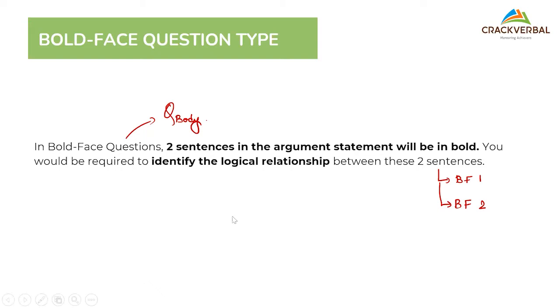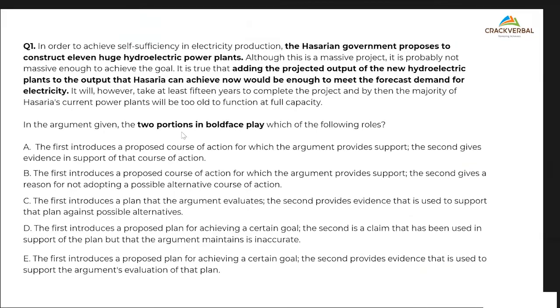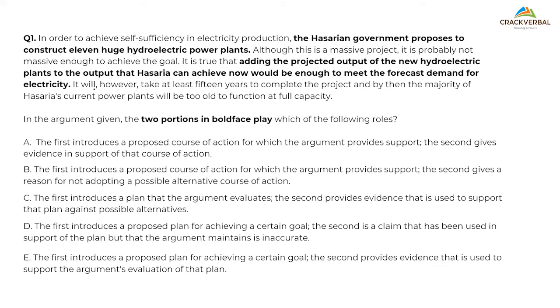I will just show you, just give me a minute, before we go into the session. So this is how it looks. Ideally, this is how it looks. You can see that one sentence is in bold and the other is too. So this in totality I would call the question body, or what I would call the basic argument.